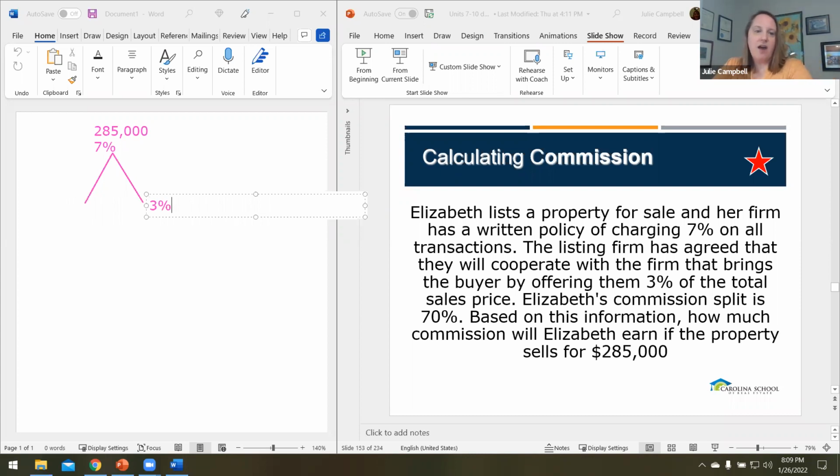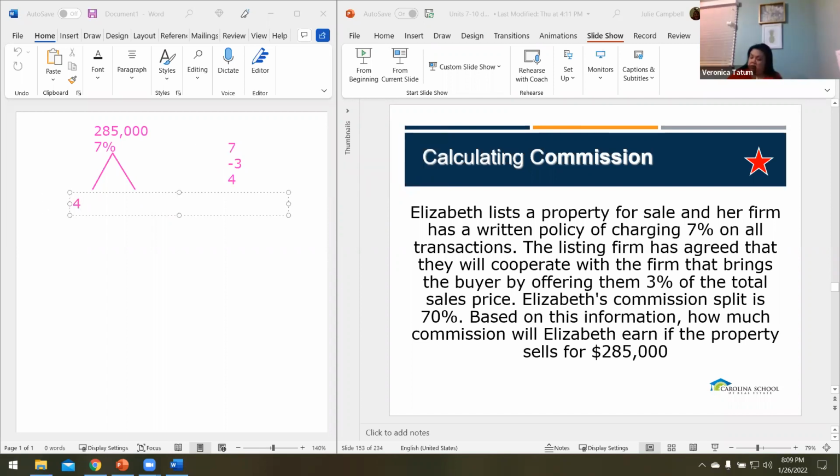So if the side bringing the buyer gets 3%, how much does the listing side get? 7% is the total. They're giving 3 away, which means they're keeping 4 for themselves. So the listing side gets 4%. The other side gets 3%.